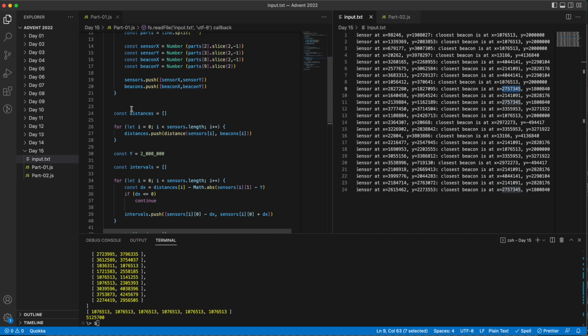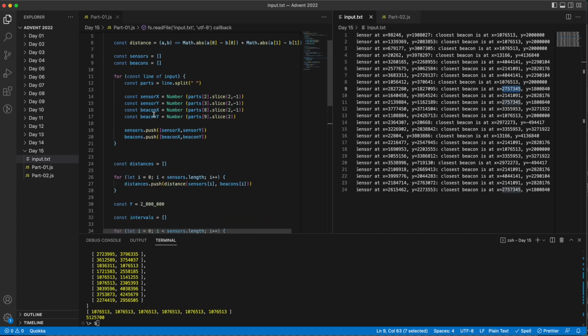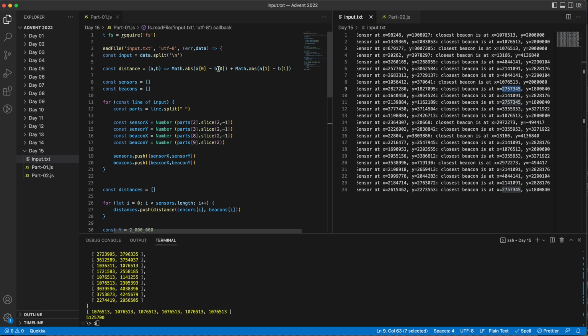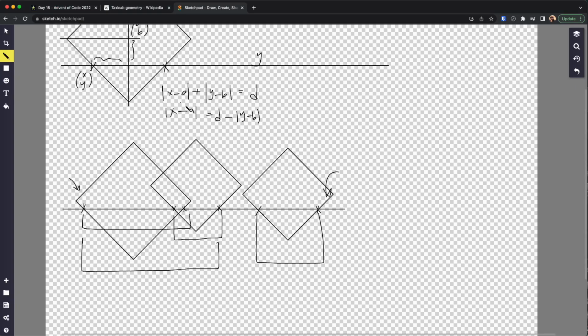Then I'm going to find the distances, and it will be another array where the index is the same as the sensors and beacons. I'm just looping through all the sensors and using the distance function that I have here.